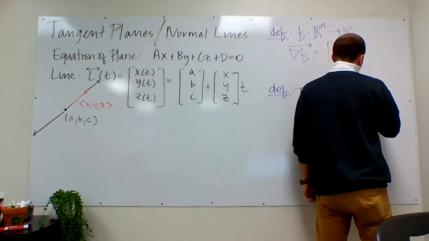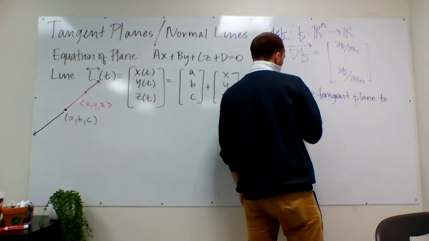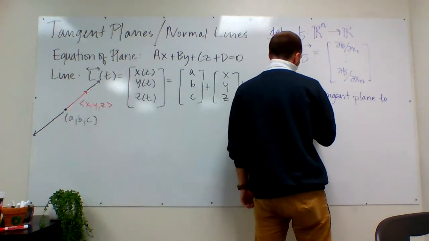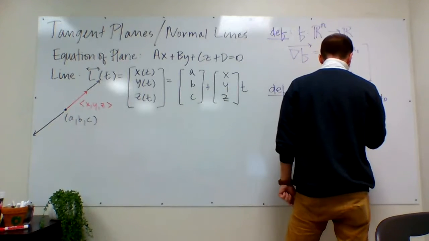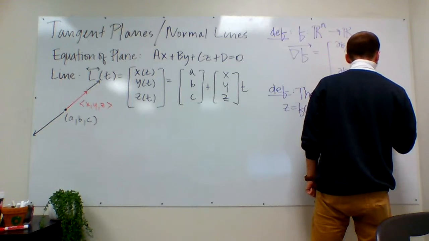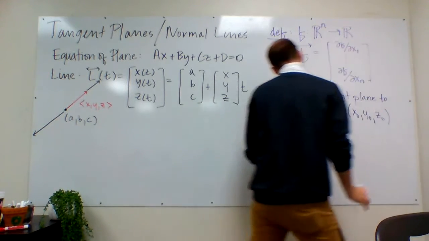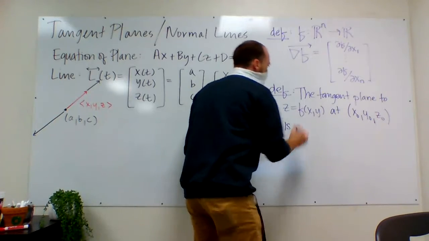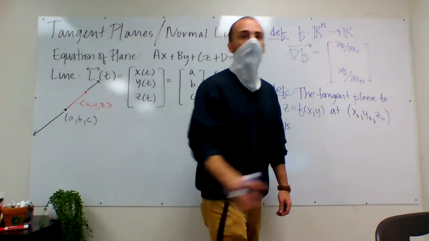The tangent plane to z equals f of x and y at the point (x0, y0, z0) is, hold on, it's exactly what you would expect, honestly.